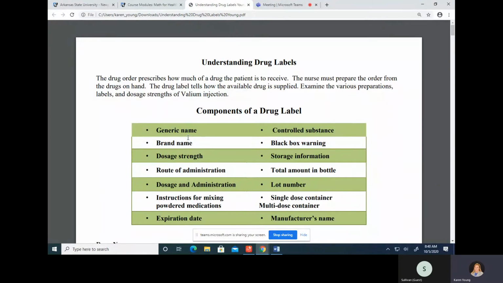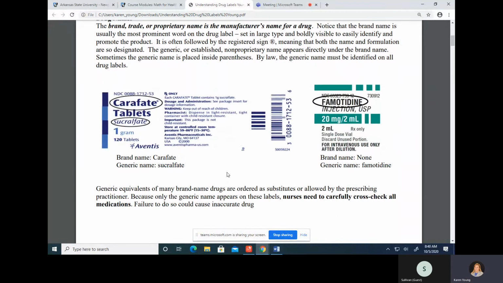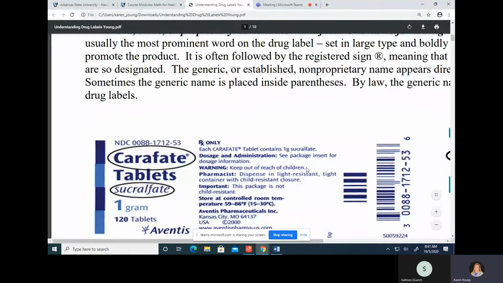And then it always has the manufacturer's name or the pharmaceutical's name. So these first two, we're looking at the Carafate tablets, and I can't say that generic name. But notice, and I'll enlarge this, notice the Carafate has this little R. That's to register trademark.